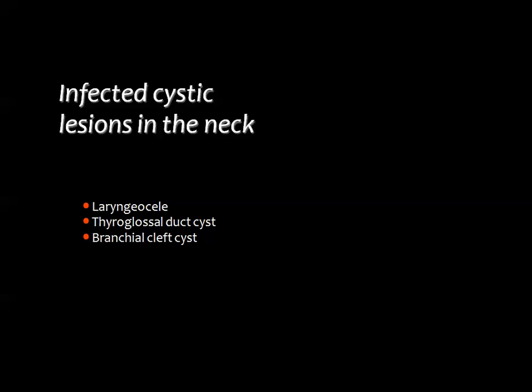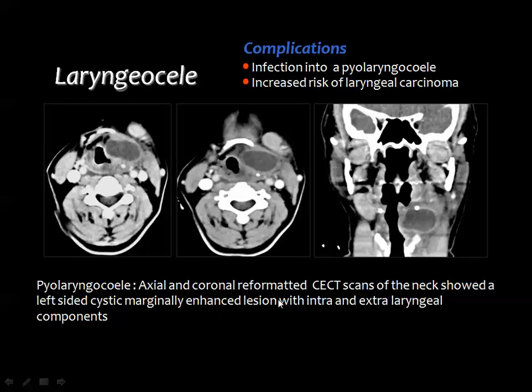Then we came to an issue which has been discussed before: the laryngocele, the thyroglossal duct cyst, and the branchial cleft cyst. All these lesions may be secondarily infected, leading to the formation of abscesses, as I have mentioned before. Then a laryngocele, whenever it is secondarily infected, will be transformed into an abscess with marginal enhancement and fluid density inside.